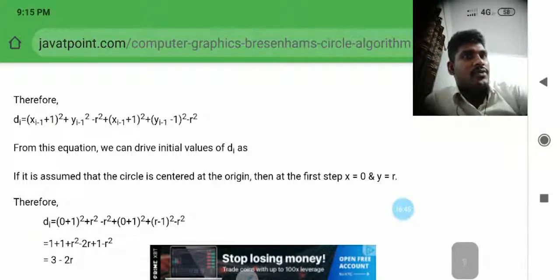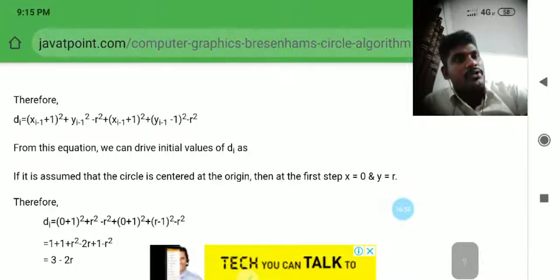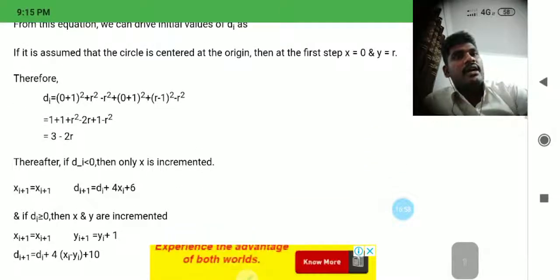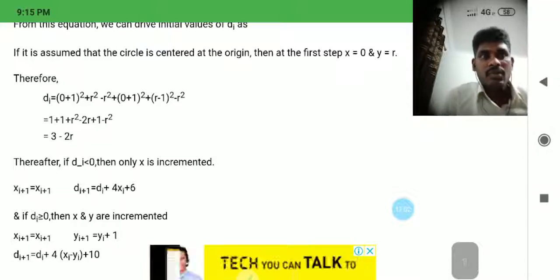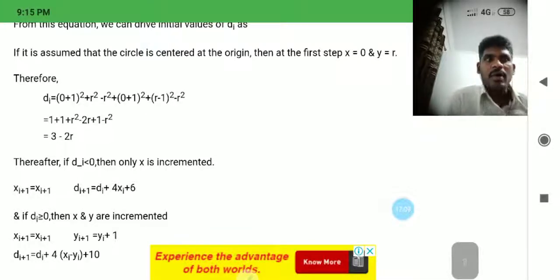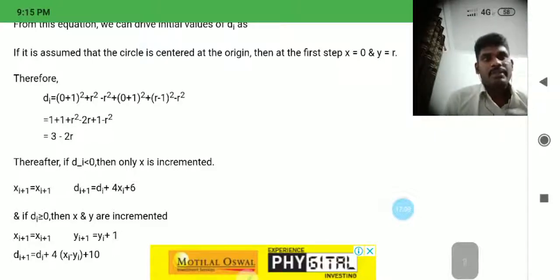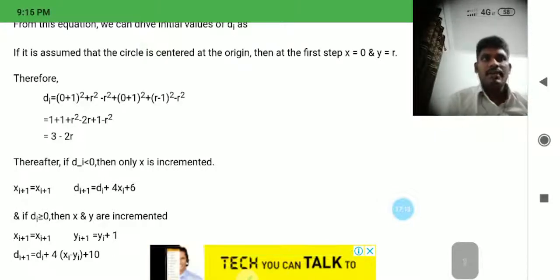And d of t is (xi plus 1) whole square plus (yi minus 1) whole square minus r square. Adding both equations, finally we will get 3 minus 2r. This is the decision parameter: d of i equals 3 minus 2r.